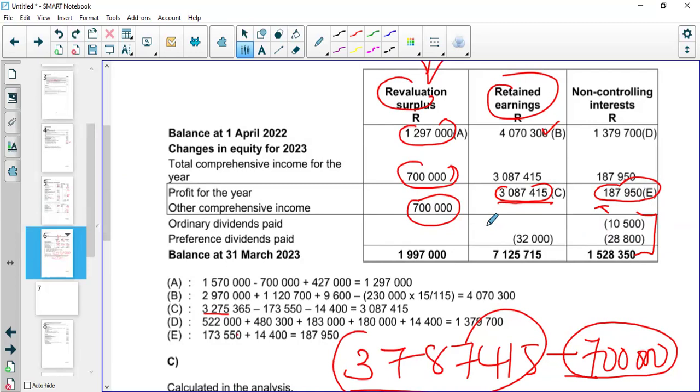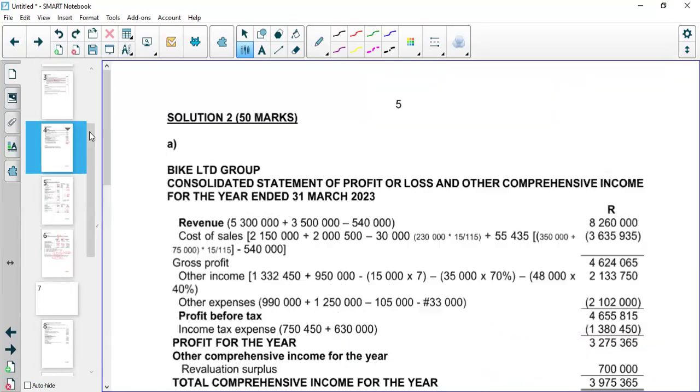So any dividends declared by the subsidiary, the NCI is going to have a share.